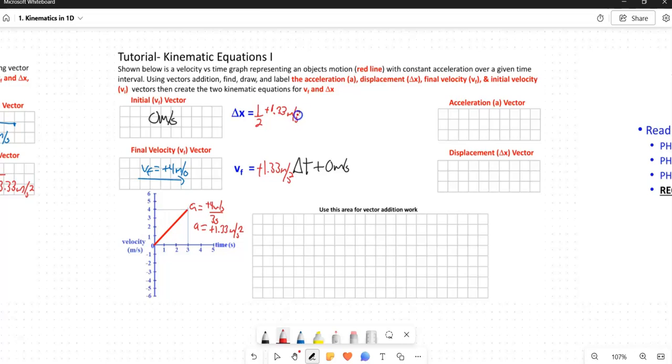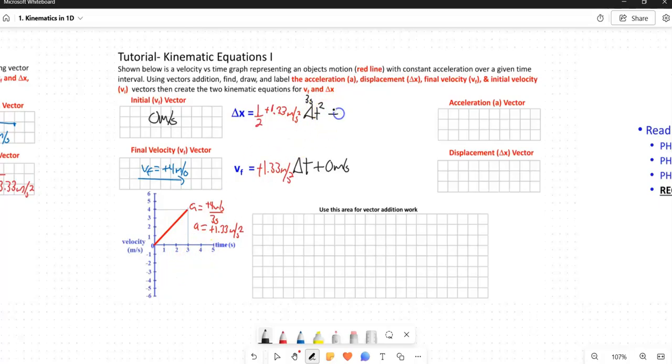Meters per second squared, delta t, which is squared, so we'll put in 3 seconds here. Looks like it's 3 seconds from the graph, at least.